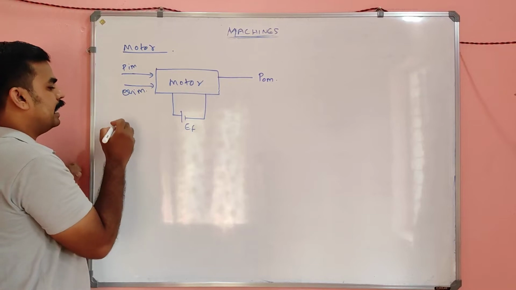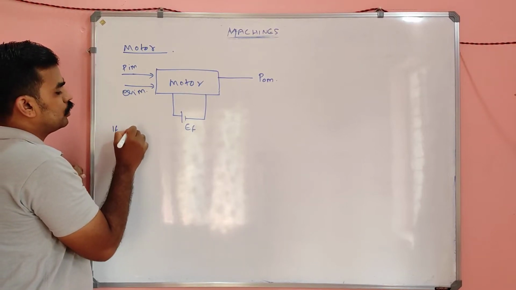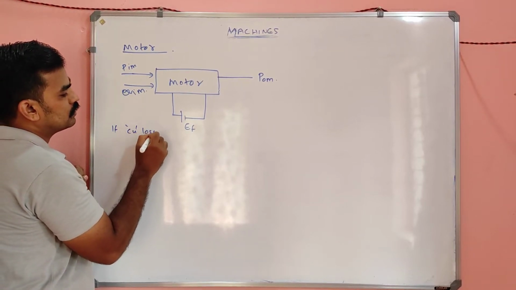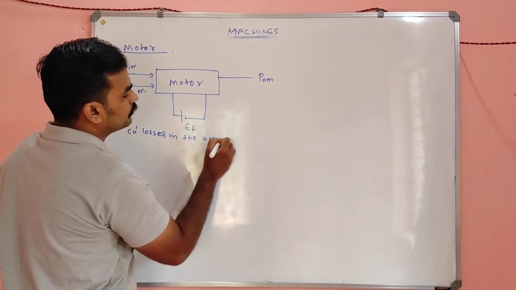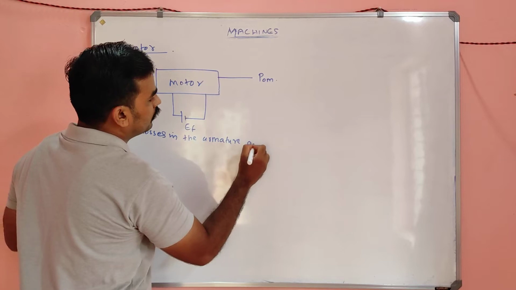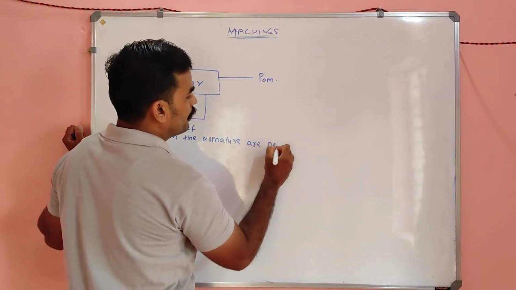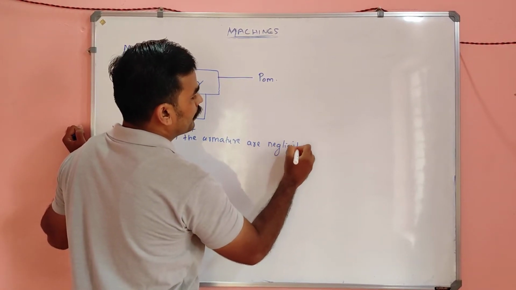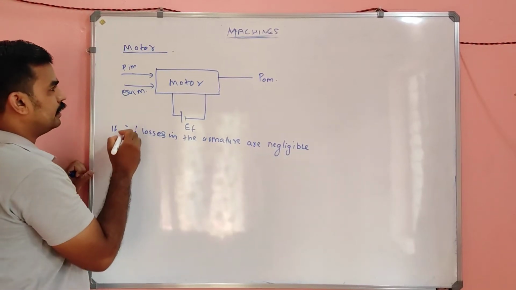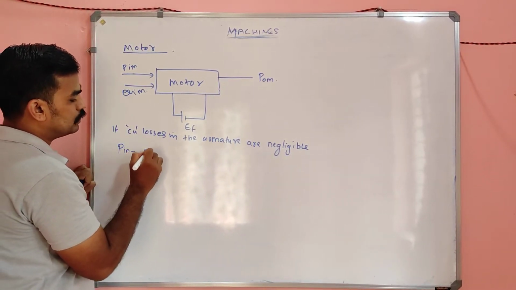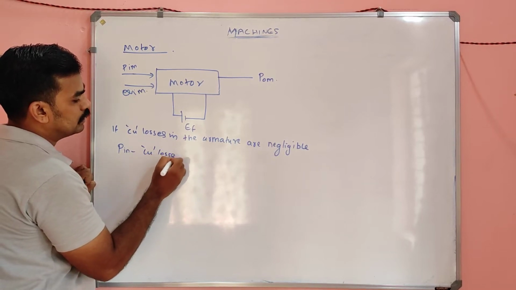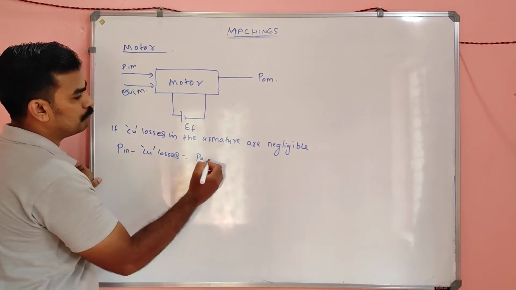If the copper losses in the armature are negligible, we can say that P input minus copper losses equals the P output of the motor.